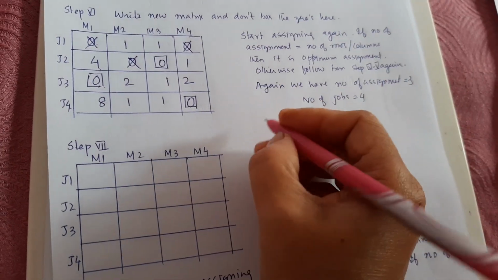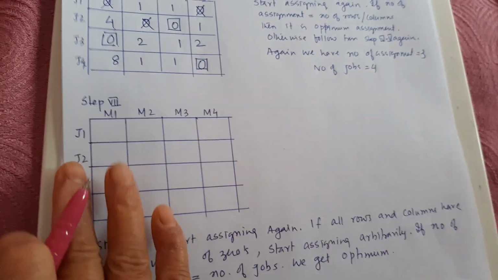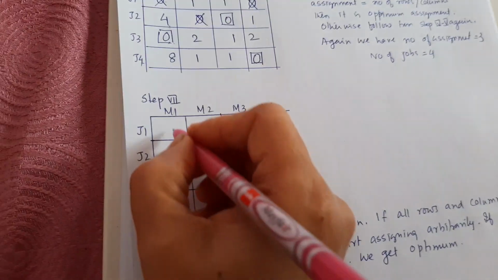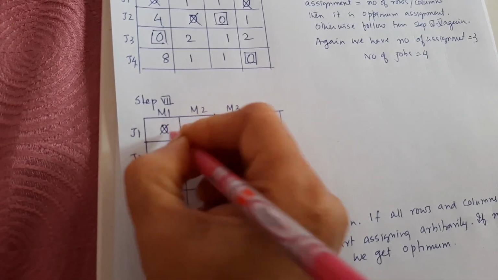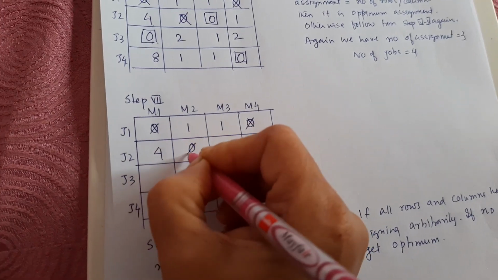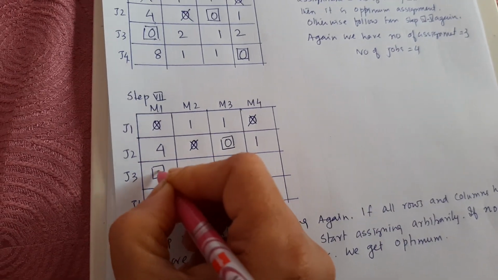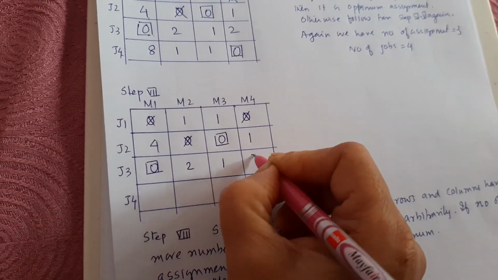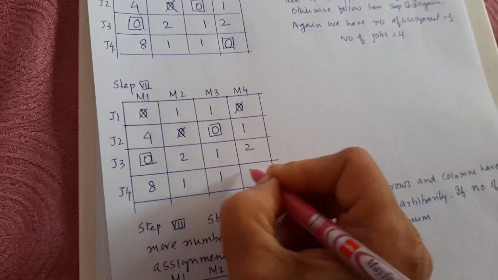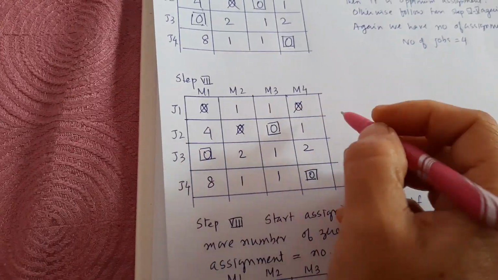So now again start the process with this one. So this is 0 cross 1 1 0, again cross 4 0 cross, assign here 1 0 2 1 2, 8 1 1 0. The process of ticking and plotting the dotted line, you have to put it here.